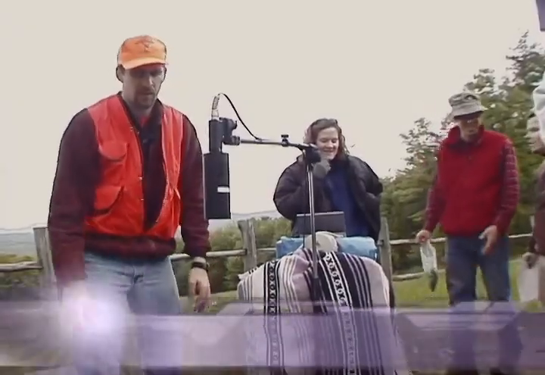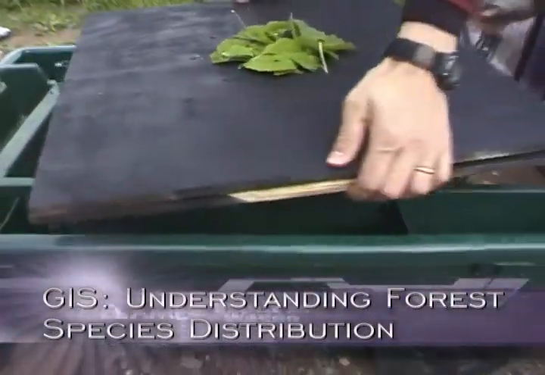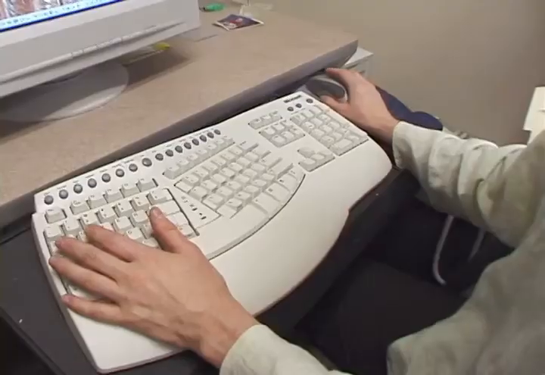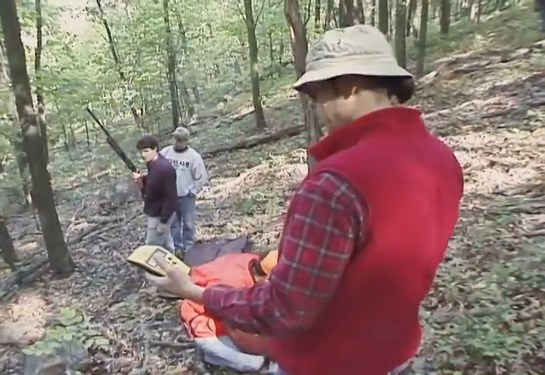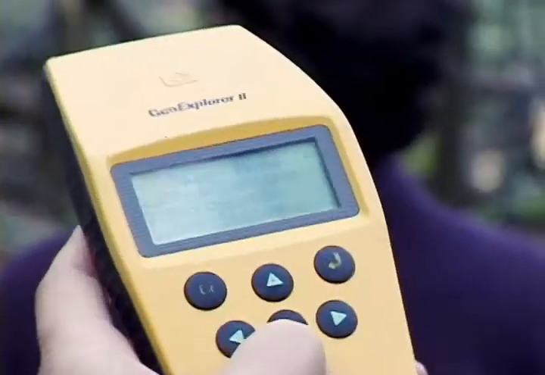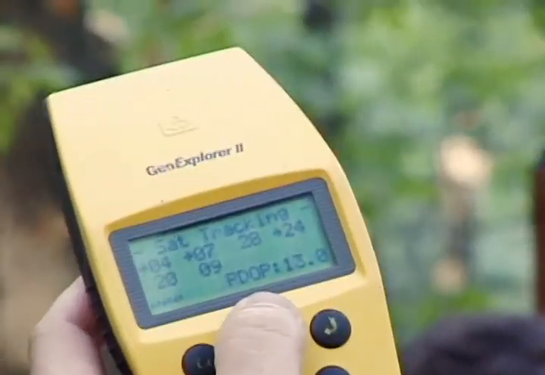We collect information about forest composition using our ground data and using remote sensing data. But in order to understand why different types of forests are located where they are, we need to use a geographic information system. We use global positioning systems, or GPS, to map the locations of our sites on the ground. Tracking 3 satellites with a PDOP of 13.